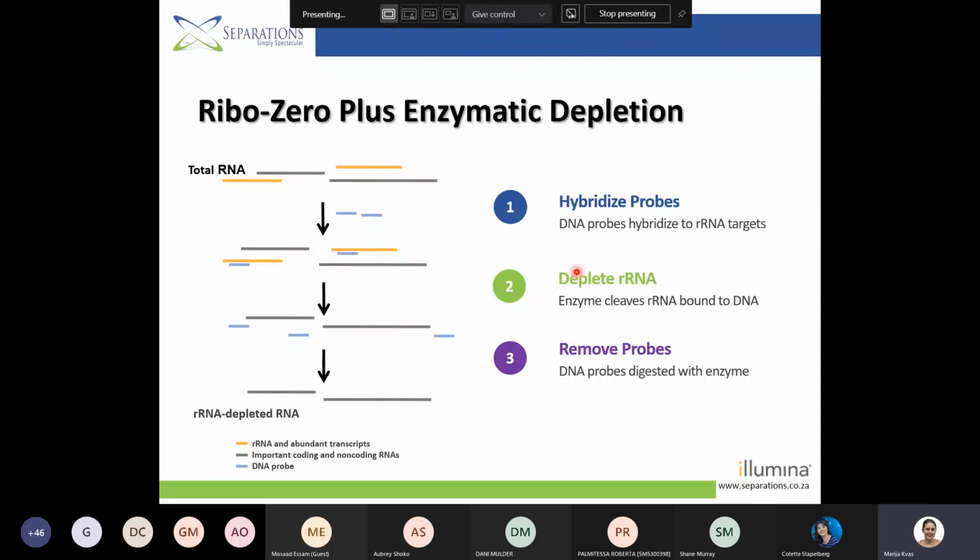And then we have the enzyme that will recognize these DNA-RNA complexes and cleave and digest them, right? So we have enzymatic depletion of rRNA, and that allows us not to have any accidental carryover of rRNA into a library prep, right?